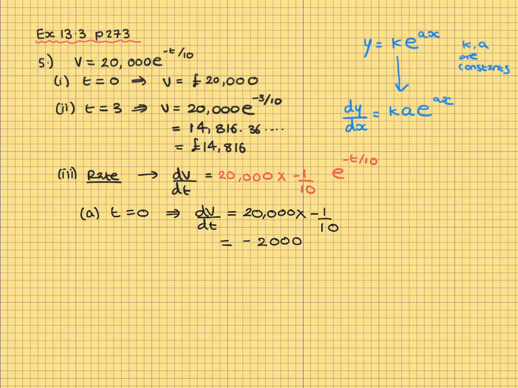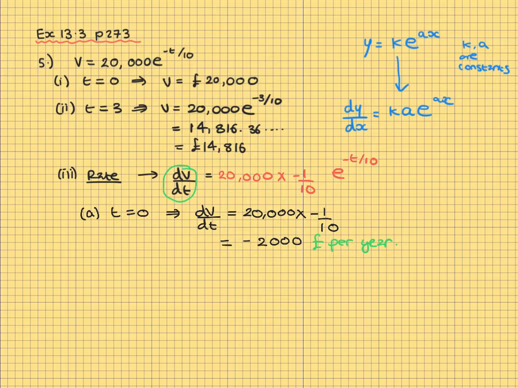Now what does this actually mean? Well, think about the units. It's dv over dt, so the units of this rate are the units of v, which are pounds, over the units of t, which is years, so it's pounds per year.